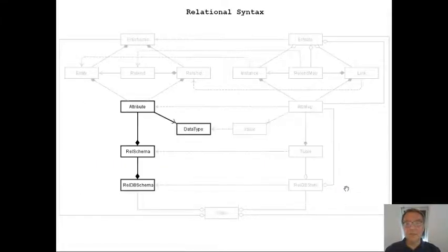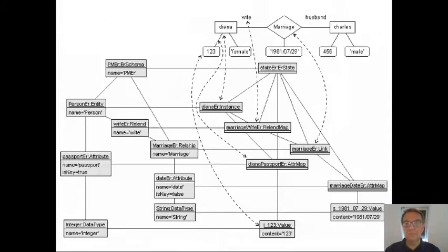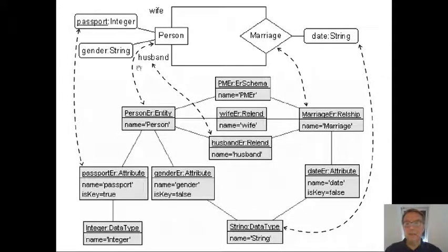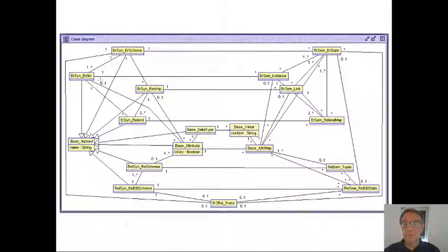Intuitively, this means when we have an ER schema object here, every entity has a number of attributes. And by the way, if we look at the multiplicity, an entity can have a number of attributes.